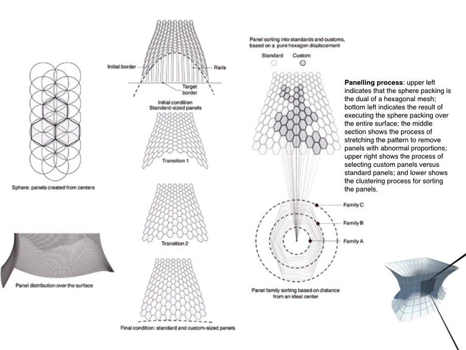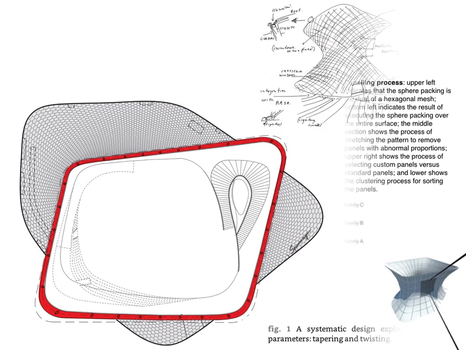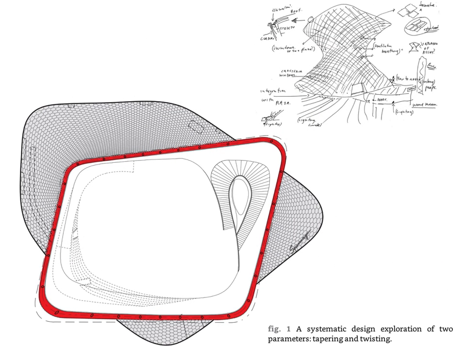So it is a hexagonal mesh, and the middle section of it shows the process of stretching the pattern to optimize the number of units. That's what Strzała was saying, that they had to rationalize the process because it was too complex and too expensive in some ways. So geometry was modified to the point that differences were taken sometimes in a joint.